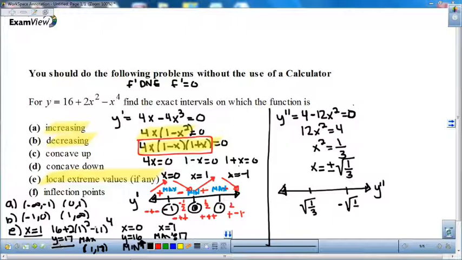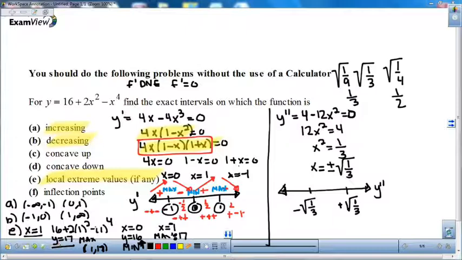Since we're doing this without a calculator, and we don't know what 1 over the square root of 3 is, you kind of have to go back and say, okay, the square root of 1/3 is between the square root of 1/9 and the square root of 1/4. So that's between 1/3 and 1/2.